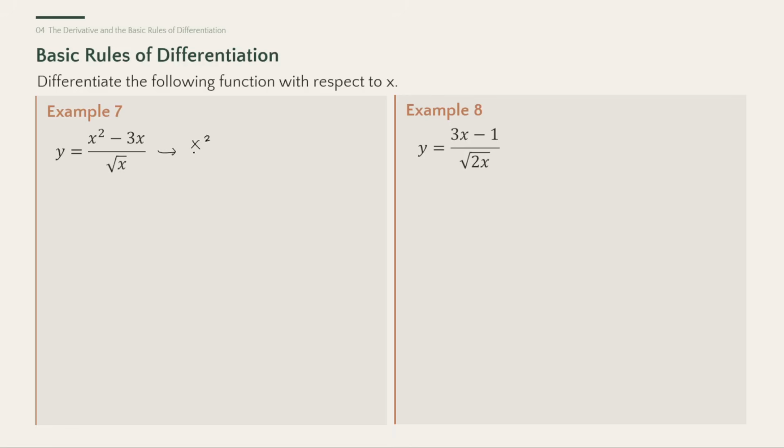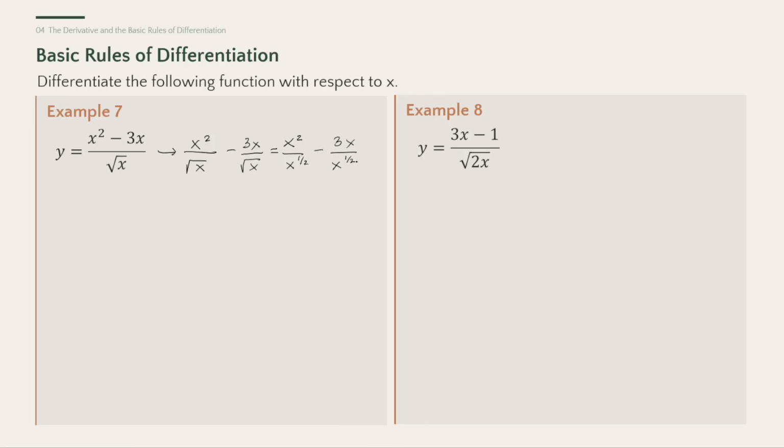So we have x squared over square root of x minus 3x over square root of x. And then we rewrite the radicals as fractional exponents. So we have x squared over x raised to 1/2 minus 3x over x raised to 1/2.